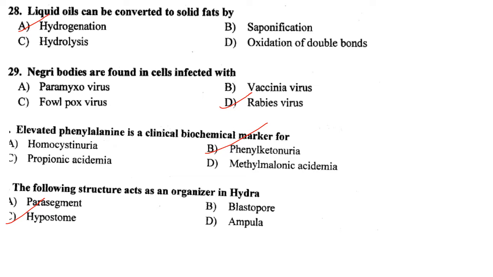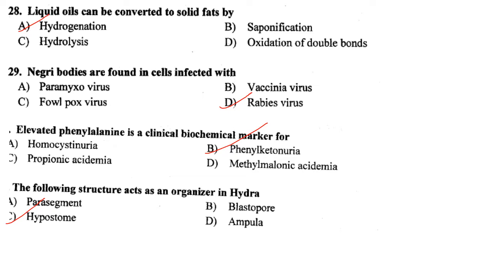Loss of this enzyme results in mental retardation, organ damage, unusual posture, and in some cases of maternal PKU, severely compromised pregnancy. So phenylalanine hydroxylase is an enzyme that is required to metabolize L-phenylalanine to L-tyrosine. So elevated level of phenylalanine means it is a biochemical marker for phenylketonuria.